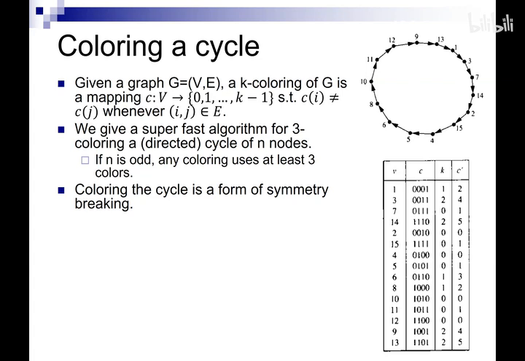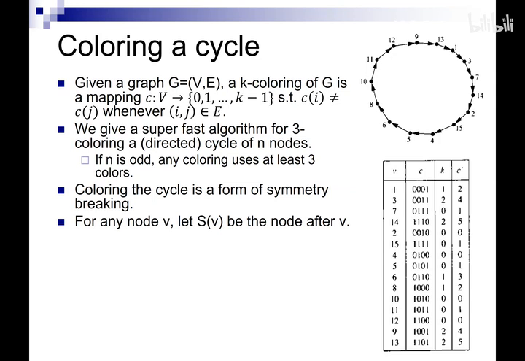So initially, the only difference between these nodes is their ID. Then we're going to make use of these IDs so that eventually the nodes end up with colors from 0 to 2. So every node gets one of 3 different colors.